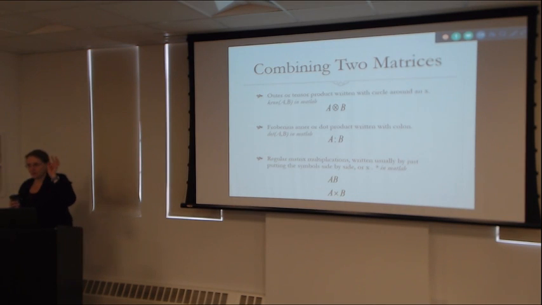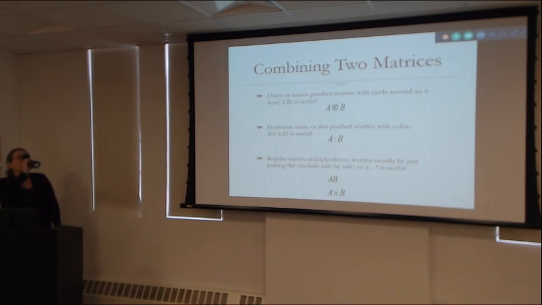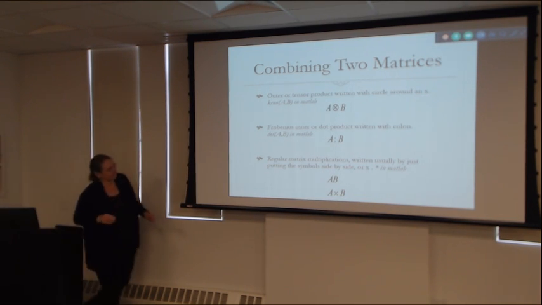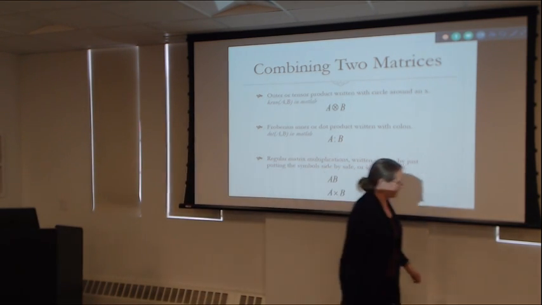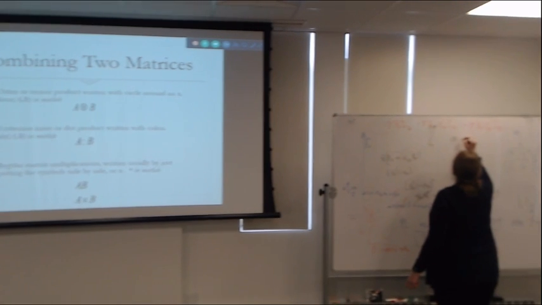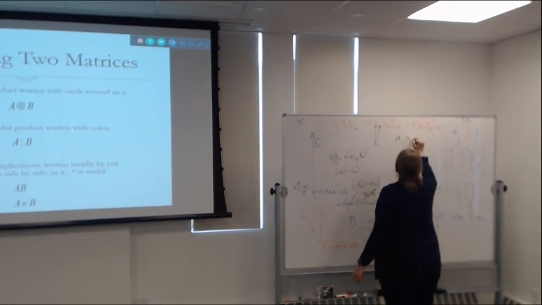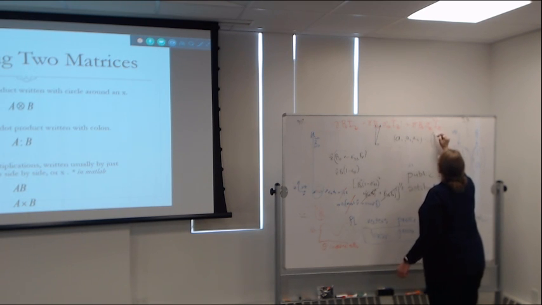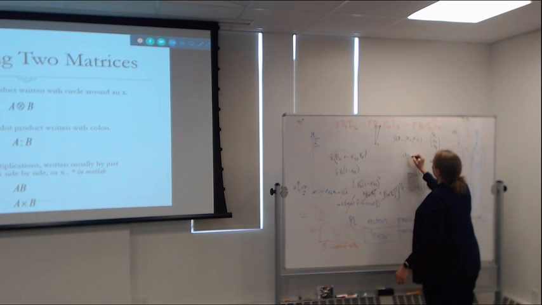As a vector, I do A dot B. Just like with the dot product of a vector, A1, A2, A3, and I want to dot it with B1, B2, B3, I'll get A1 B1 plus A2 B2 plus A3 B3, right?